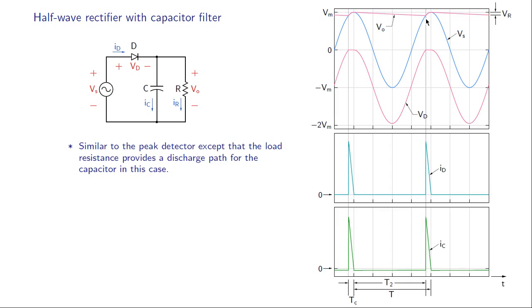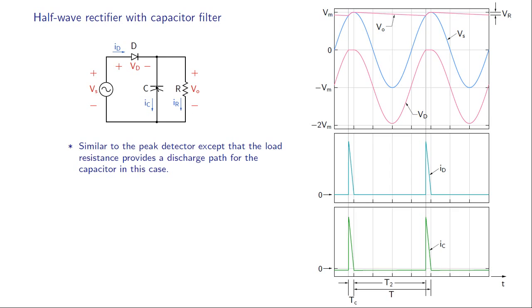And that goes on up to this point, and now the input voltage starts decreasing. So the voltage at the P end of the diode is now going down. This voltage has not really changed, and therefore the diode stops conducting. And now this part is isolated from the rest of the circuit. So we have this RC circuit.